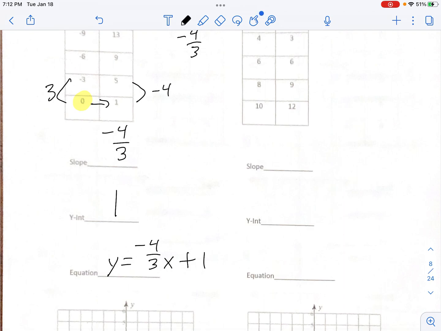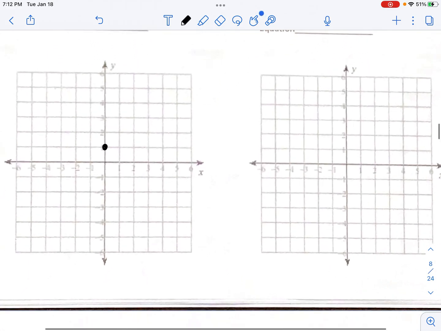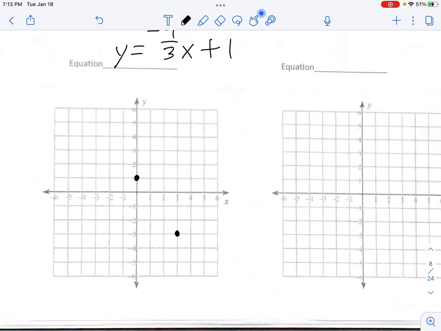So what we're going to do is plot the y-intercept, which would be +1, and use the slope to plot two other points. So down 4 and right 3. So down 1, 2, 3, 4, right 1, 2, 3. Now, you can't necessarily get another one because if you go down 4, you're going to go off the graph.